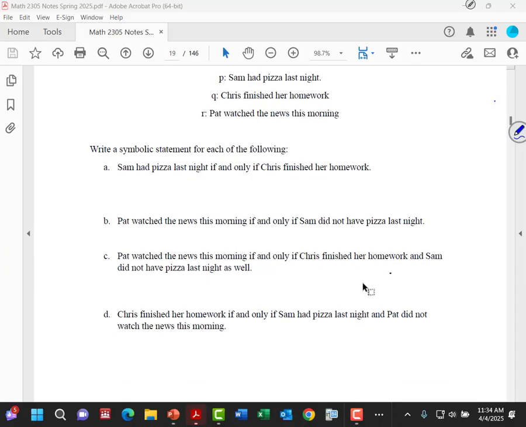So what I wish to do is to write a symbolic statement for each of the following. So Sam had pizza last night if and only if Chris finished her homework. So this would simply be P if and only if Q.